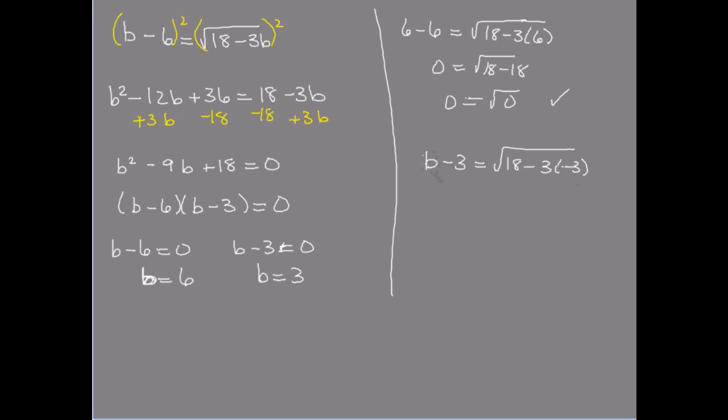Oops. I plugged in the 3 in the wrong place. Let me fix that. Three minus 6. So I have negative 3 is equal to the square root of 9. And this is my extraneous solution, so I'm looking for just this positive 6.